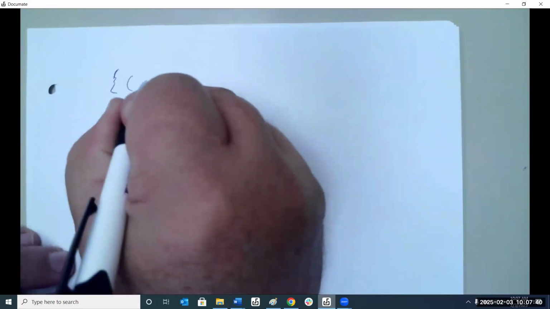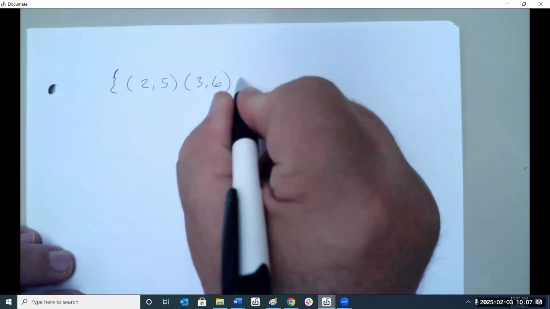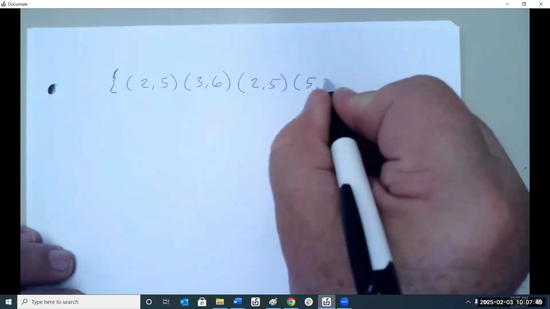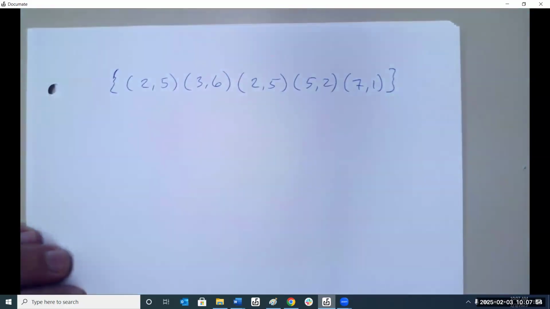How about this one? Is this one a function? If I give you time to think about it, you're going to change your answer.